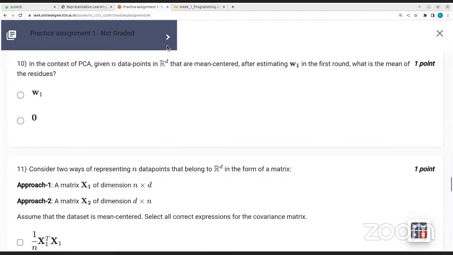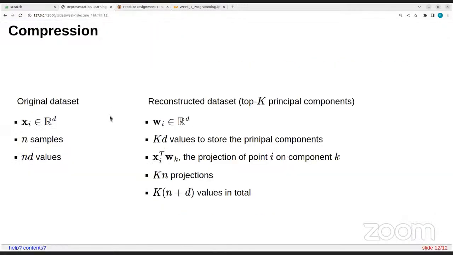Could you just elaborate on that? I didn't quite catch it. Okay, so there are k principal components, the top k. Each one is a vector in R^d, right? So you'll have k times d values.